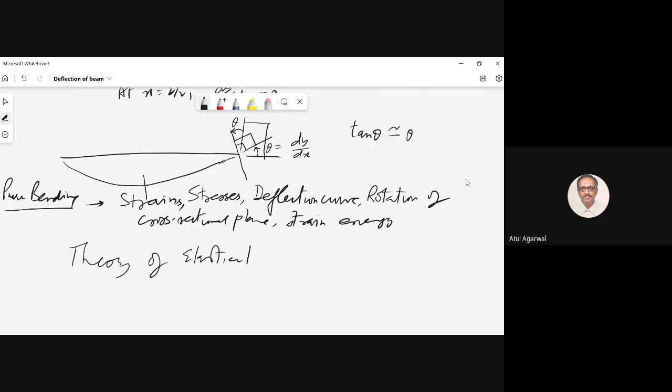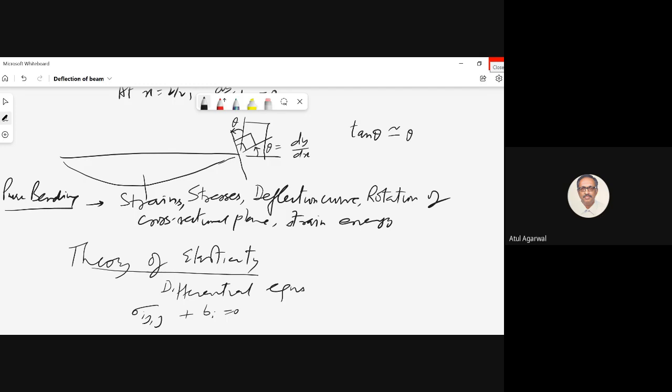you start with some differential equation for equilibrium. I think I have already done that differential equation of equilibrium, probably. Sigma ij comma j plus bi is equal to 0. So we'll check it out if we have not done.